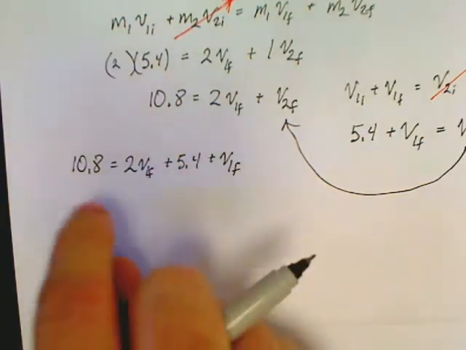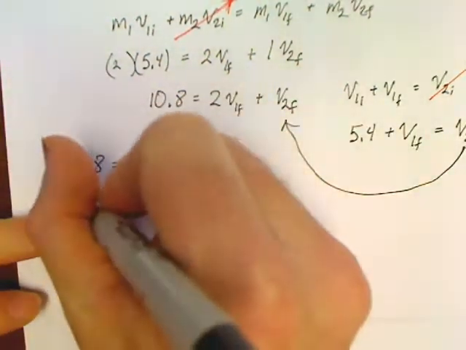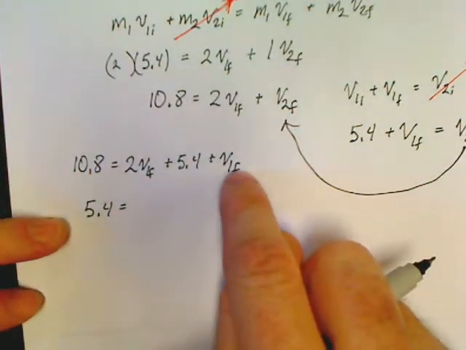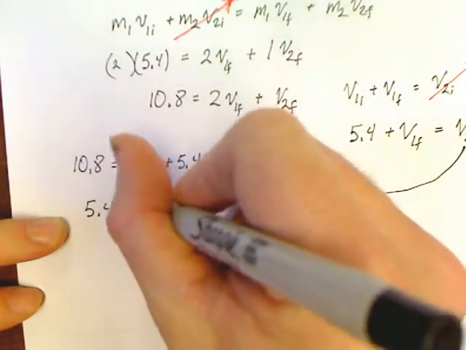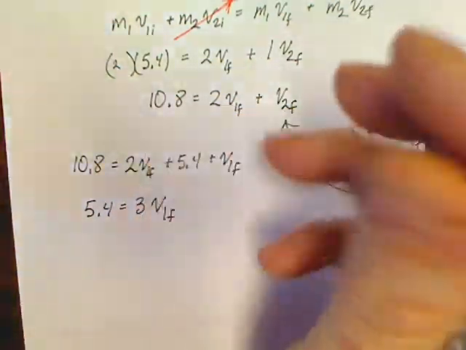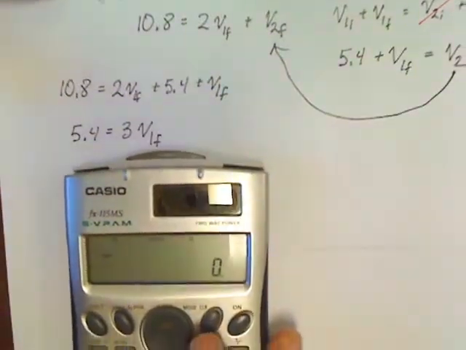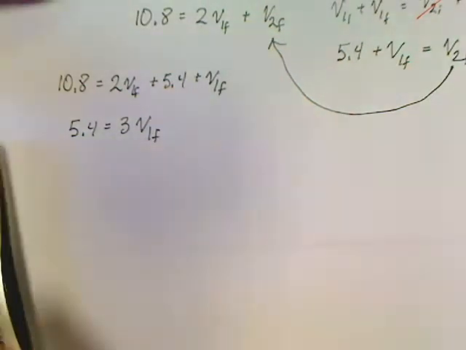So I'm going to subtract 5.4 from the other side, which is going to leave me with 5.4. I've got 2 V1F and a V1F, which is going to make 3 V1F. So now to finish this problem, all I've got to do is 5.4 divided by 3, 1.8.